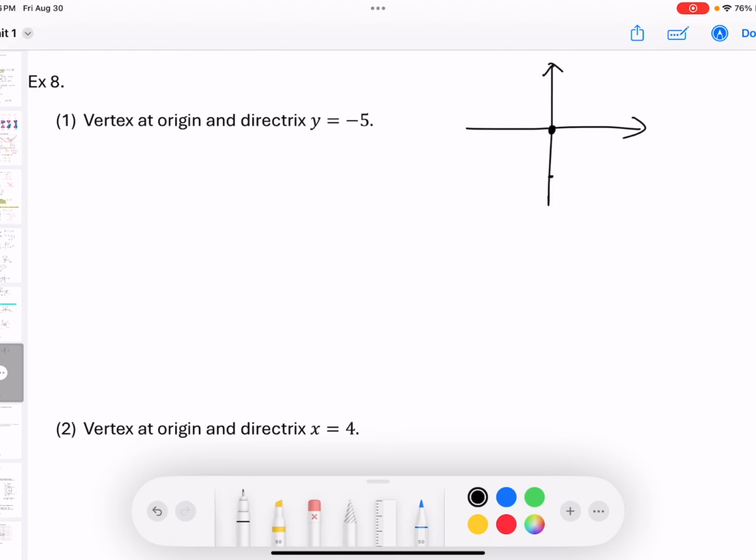So here is -5. This horizontal line, y is equal to -5, is my directrix. So my graph will be against the directrix. I must have my graph with a shape like this. So the focal point should be here.